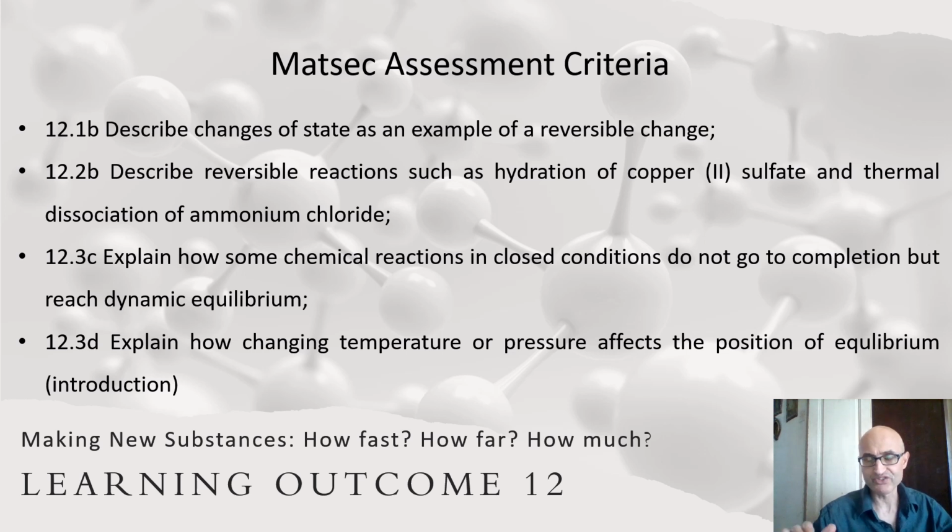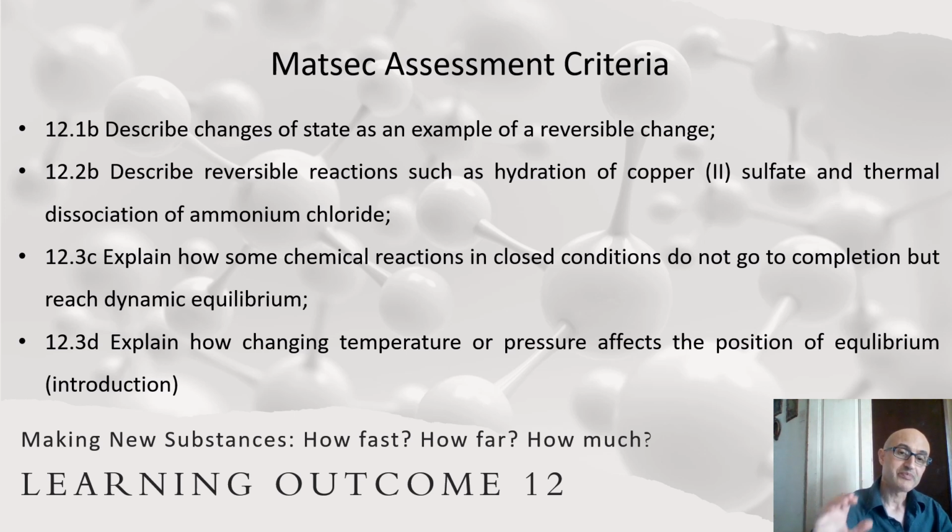An equilibrium is a situation where some of the reactants have reacted to form a certain amount of the product. But then once the product forms, it goes back in the reverse direction to reform some more of the reactants.